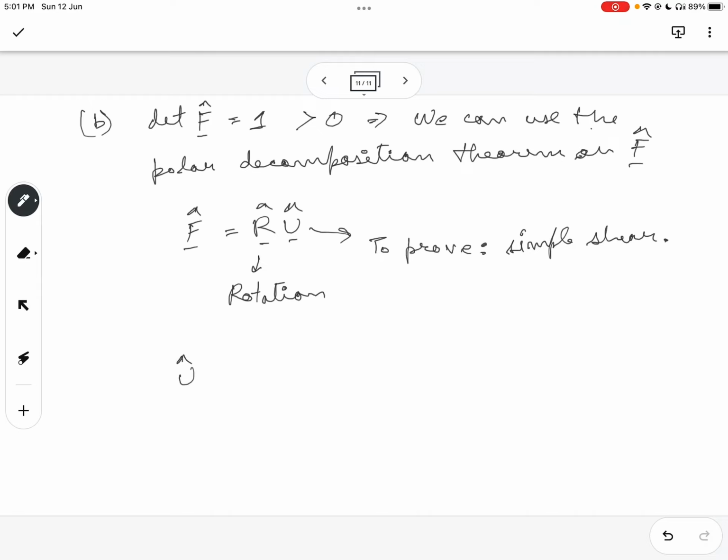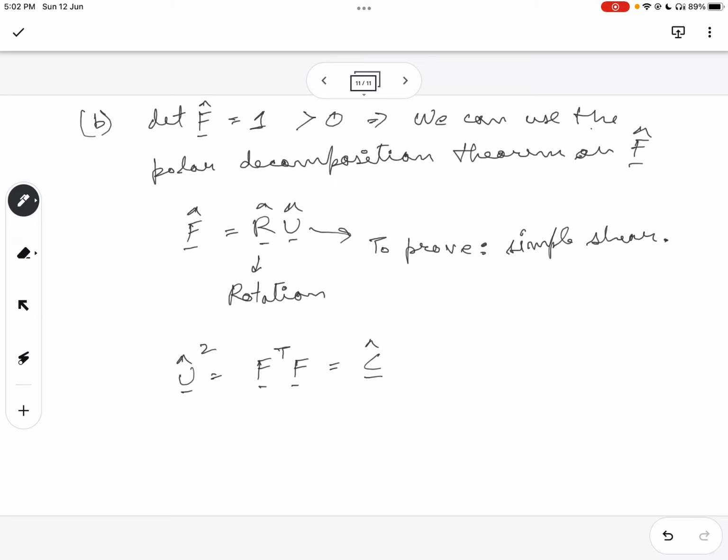Now U hat is obtained as U hat squared is F transpose F, which is C, let's say it is C hat.